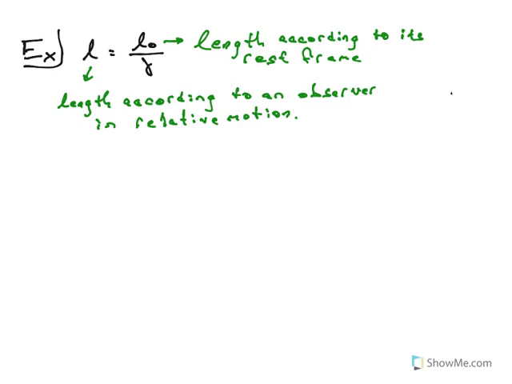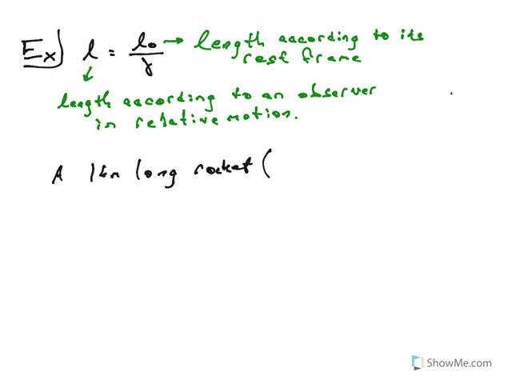So let's see what happens. Here's an example. We have a 1 kilometer long rocket. Now, obviously, we're talking about length contraction, so when giving a length of something, we always have to talk about relative to what or according to whom.